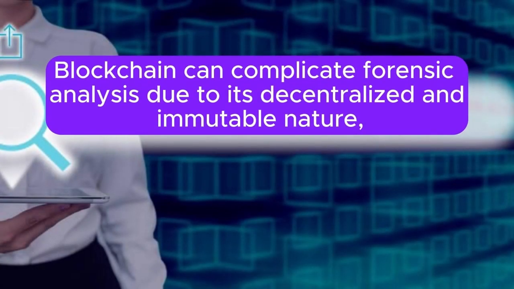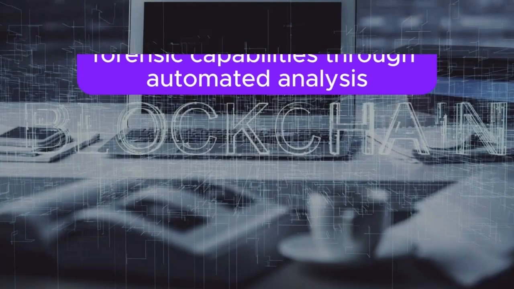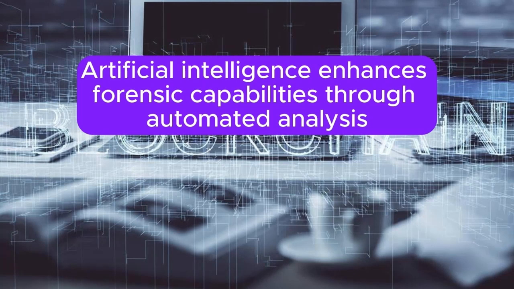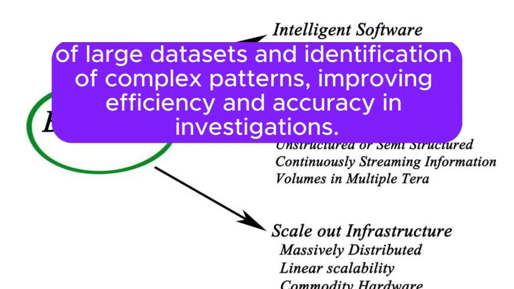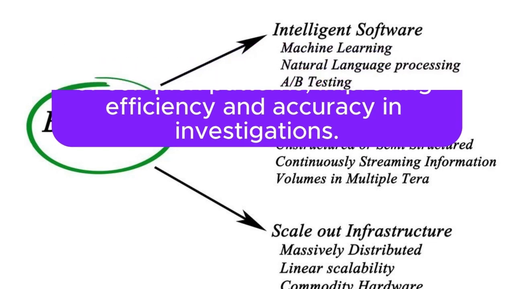Blockchain can complicate forensic analysis due to its decentralized and immutable nature, while also offering new methods for securing and verifying digital evidence. Artificial intelligence enhances forensic capabilities through automated analysis of large datasets and identification of complex patterns, improving efficiency and accuracy in investigations.